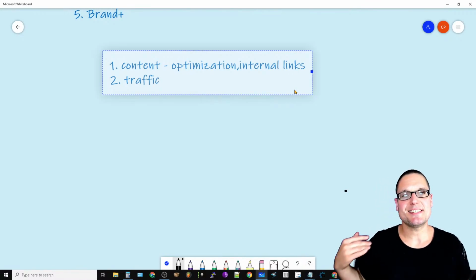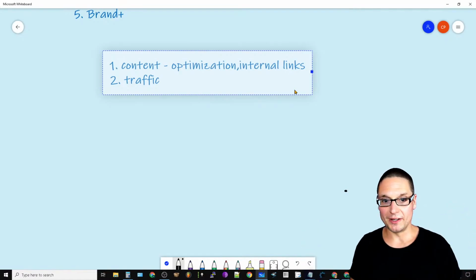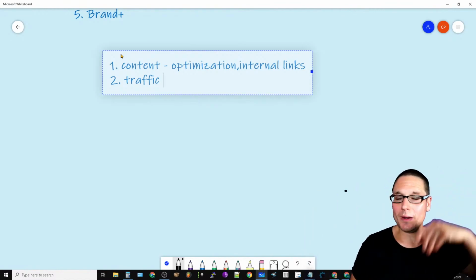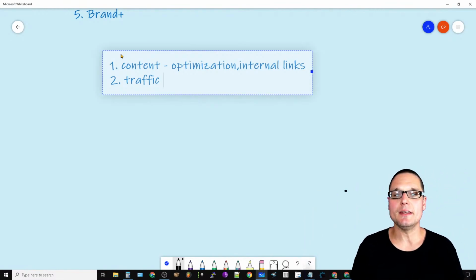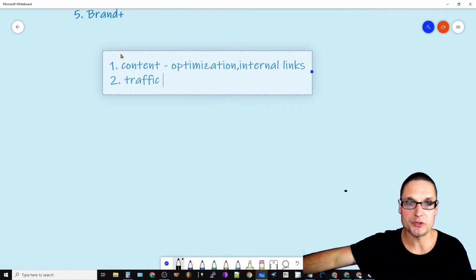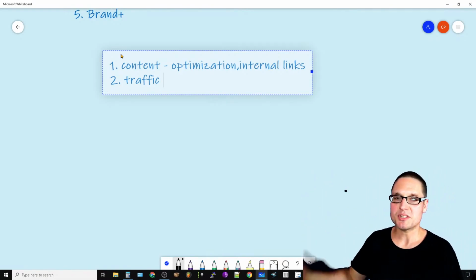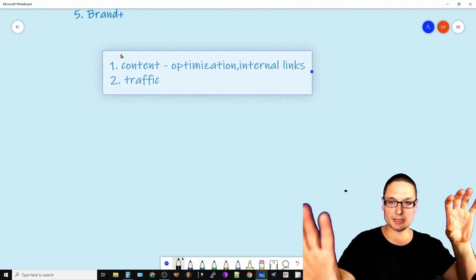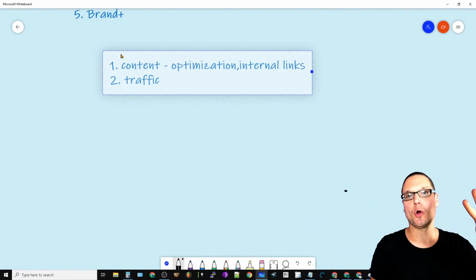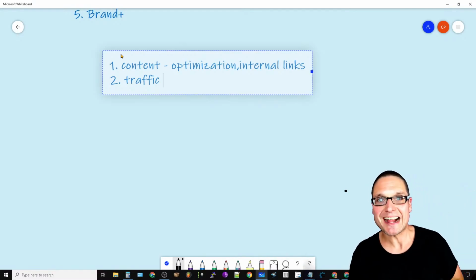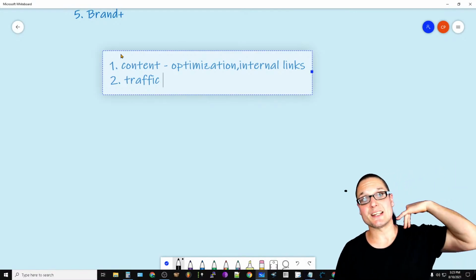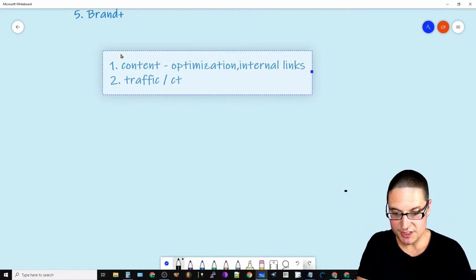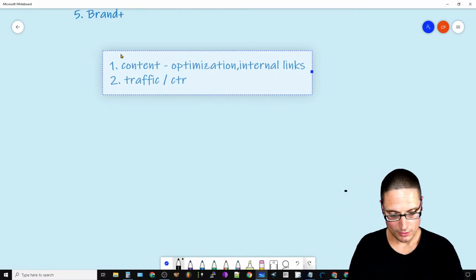Unless I can signal to Google that the content on the page has any value, the only way to validate the value of the content is through the traffic, the dwell time, the click-through rate, the time spent on that article, the impression to click to dwell time ratio. That's the determining factor of whether it's going to rank and whether it's going to stay ranked. Traffic and CTR are probably number two.